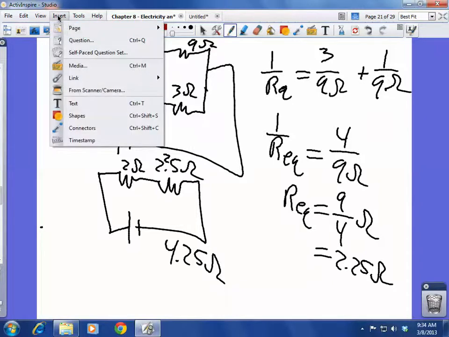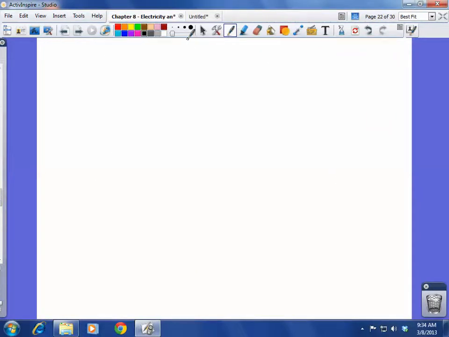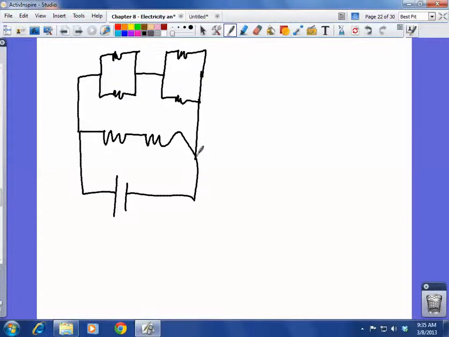Why don't you guys try one of these for me? And this is going to be another example of the most difficult circuit you'll see in this class. So if you can do this, you're good. Give me a second to actually write it down. Let me know if you can't read my handwriting too.